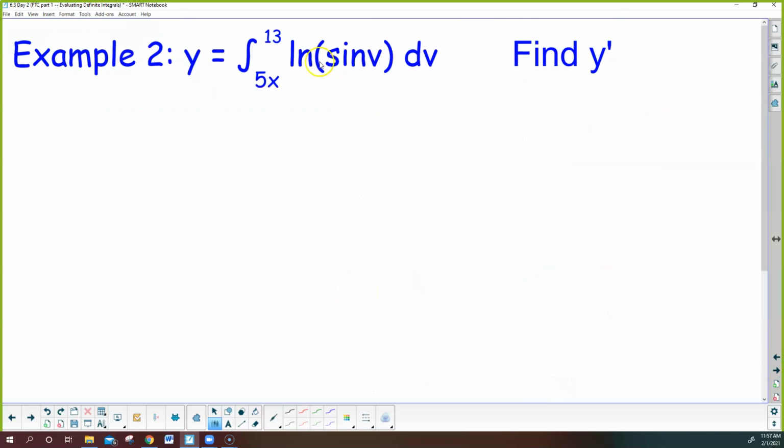Okay, let's try this one, because it looks scary. But we're only going to do the shortcut on this. Fundamental theorem of calculus part 1. Shortcut.